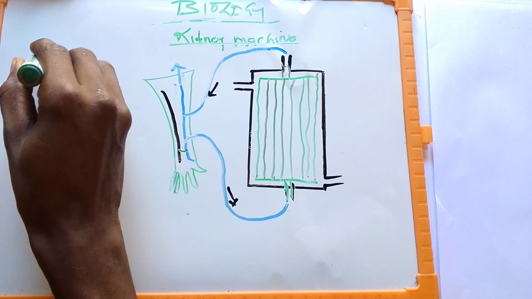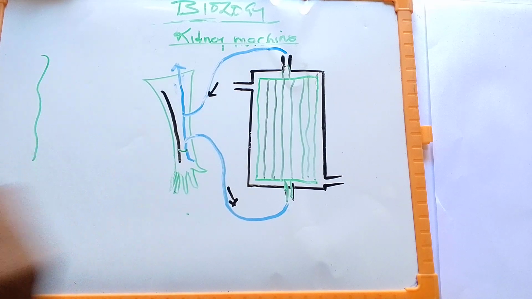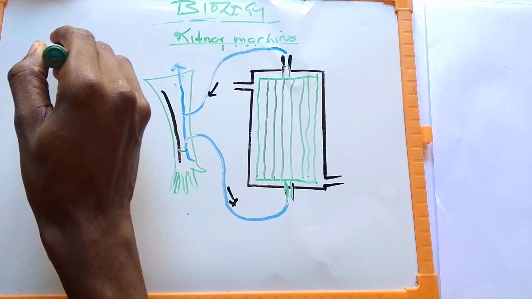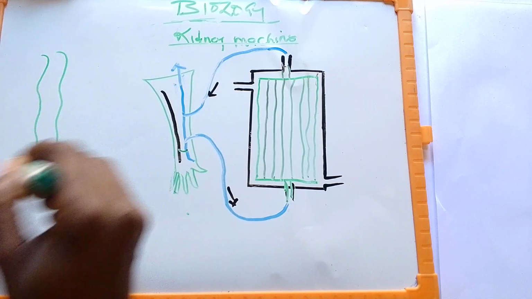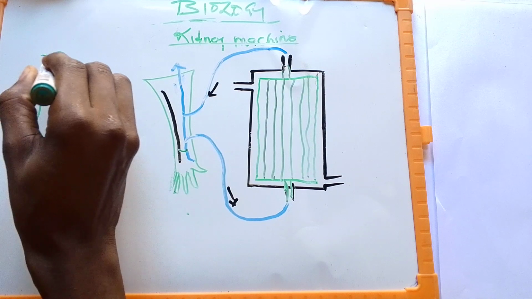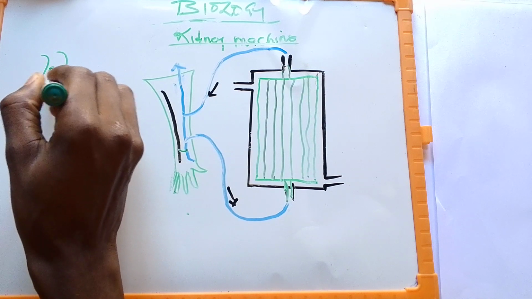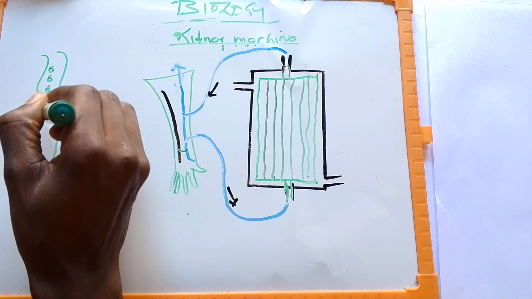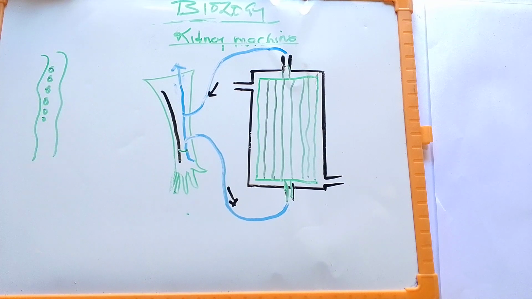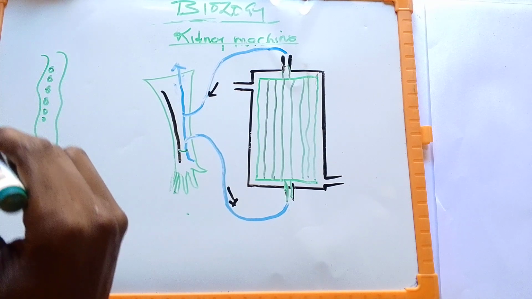So if we have this tract as our alimentary tract, then in this tract we have proteins taken from the food in the alimentary canal.